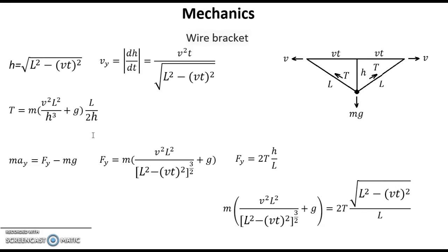But we can assume that because this tension is much larger than mg, this height h will be much less than L after all. And in that case, look at this expression. Here, if we check L square over h square, that will be a very big number.